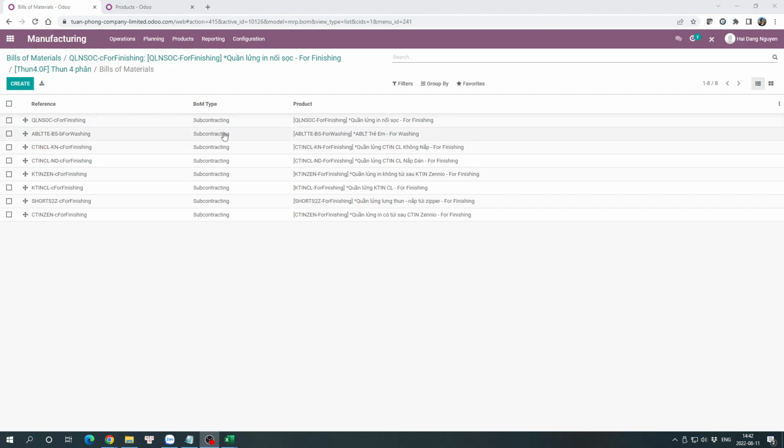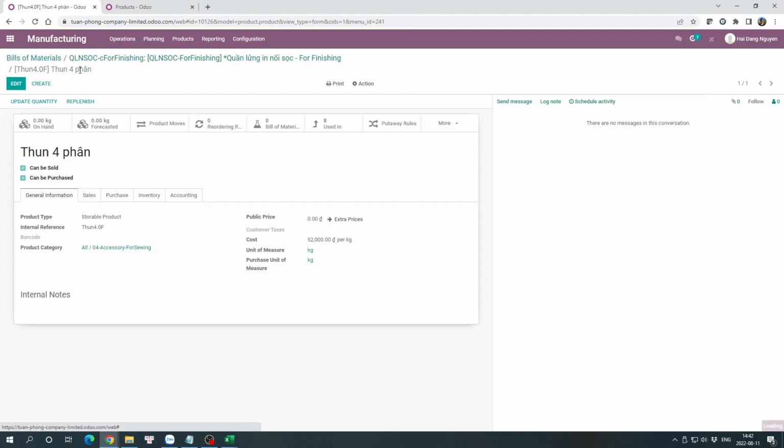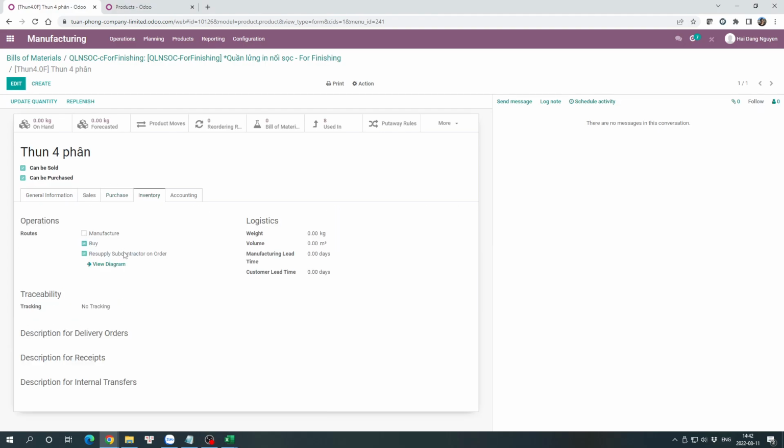For the second one, it's used by the sewer to produce something that's ready for washing, because there's washing for the second product, which is why you have this resupply subcontractor on order. So the difference is this is going to be consumed by the subcontractor. You need to resupply them. Material that is going to be consumed by us, no, we don't really resupply anybody. Anything else?